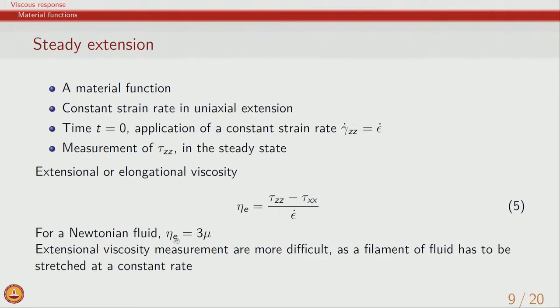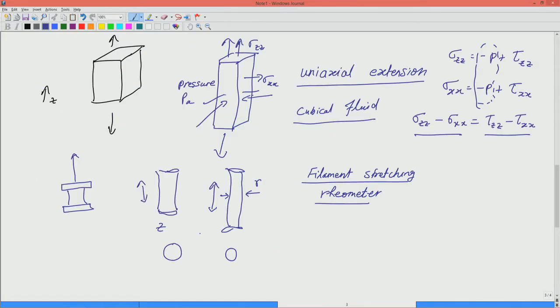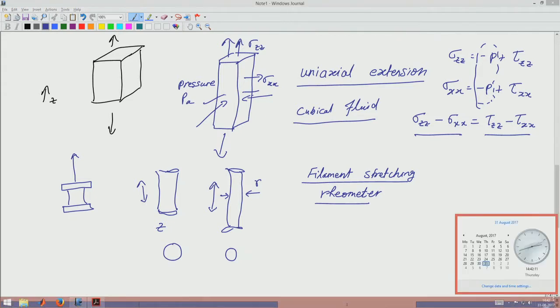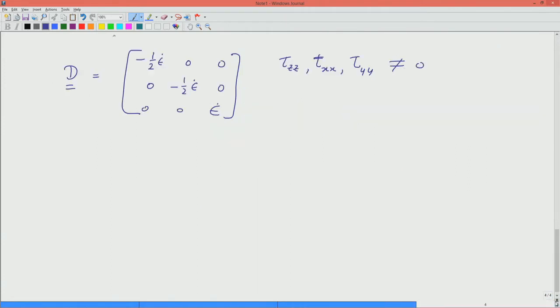So, this is also called the Trouton viscosity, the Trouton ratio is therefore 3, and this is something which is discussed once in a while in literature, where we talk about the Trouton ratio, which is nothing but eta E by mu or eta E by eta, and it is equal to 3.